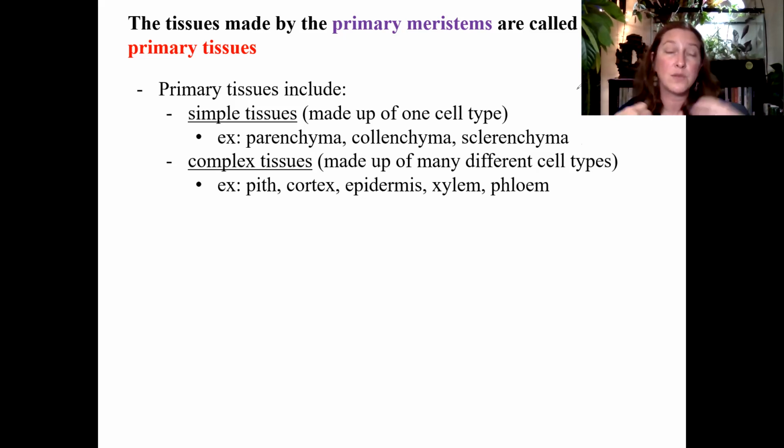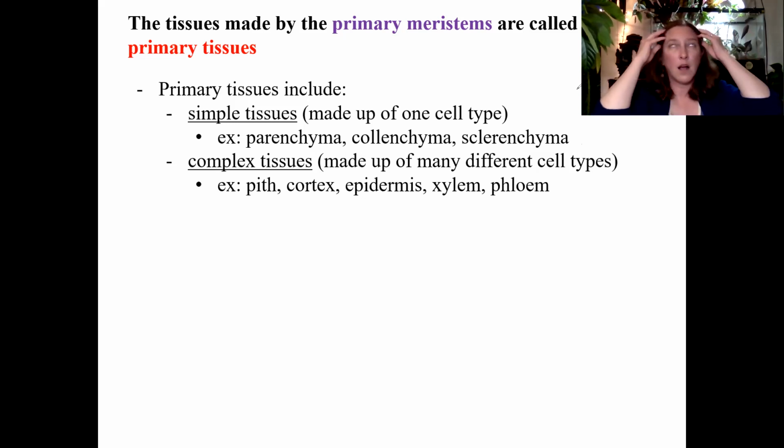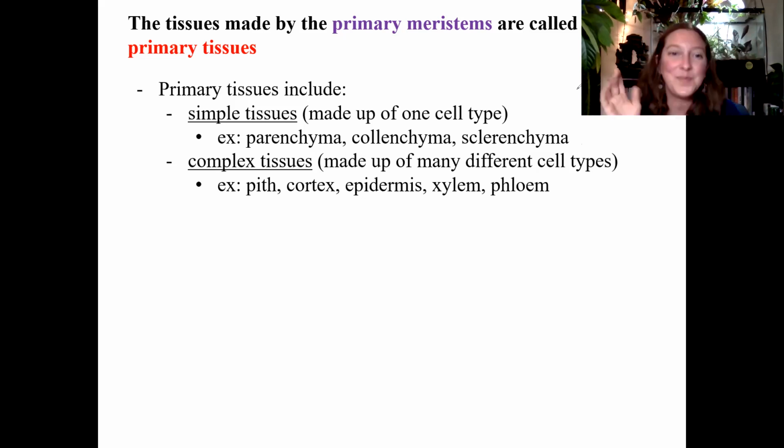It's complicated in that it's made up of a lot of different types of cells. Some examples of complex tissues are pith, cortex, epidermis, xylem, that we already mentioned before, and phloem, that we already mentioned before as well. Okay.